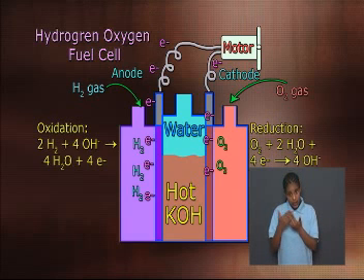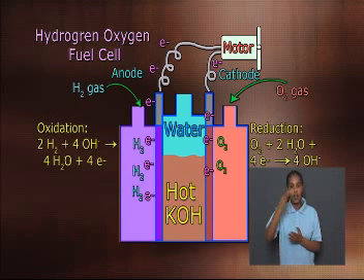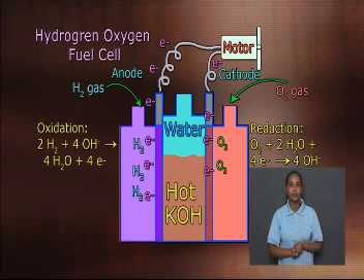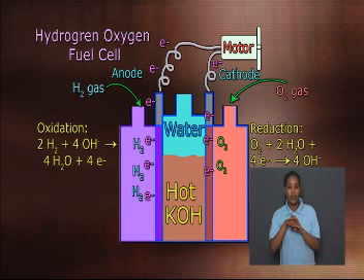In its simplest form, which is shown in this image, a hydrogen-oxygen fuel cell is made up of an electrolyte solution such as sodium hydroxide or potassium hydroxide solution and two inert electrodes. The hydrogen and oxygen gases bubble through the anode and the cathode compartments.